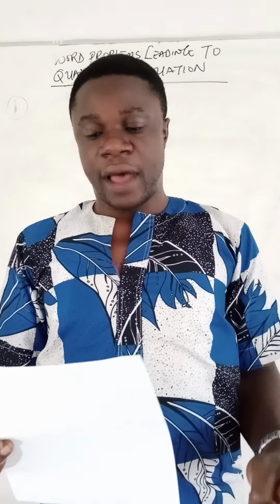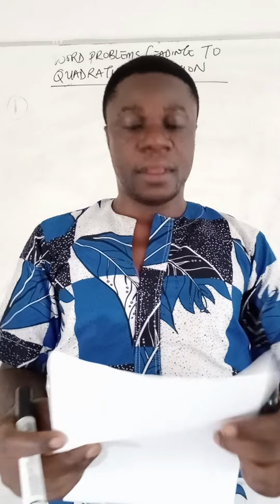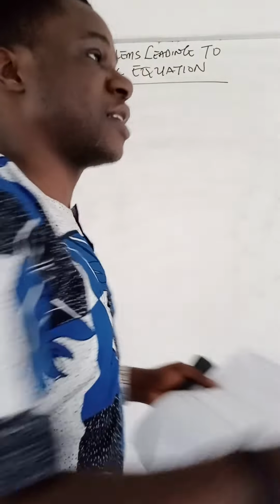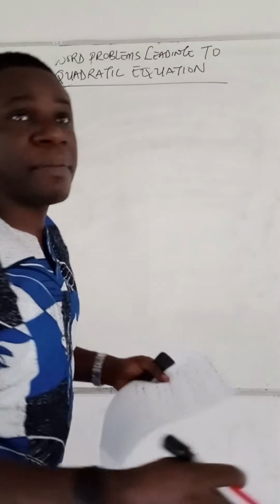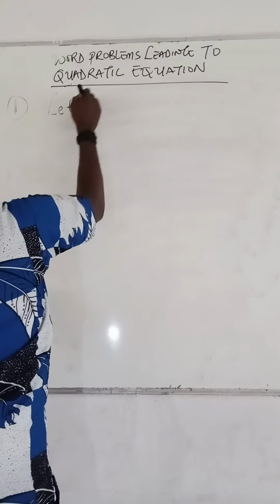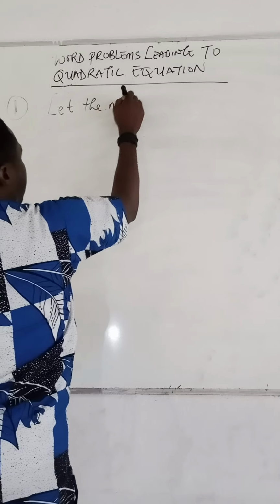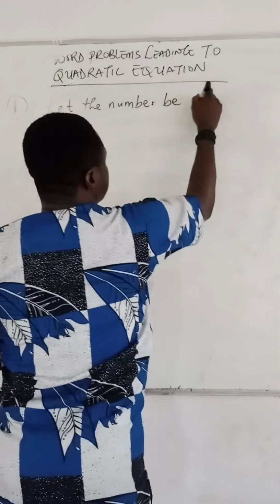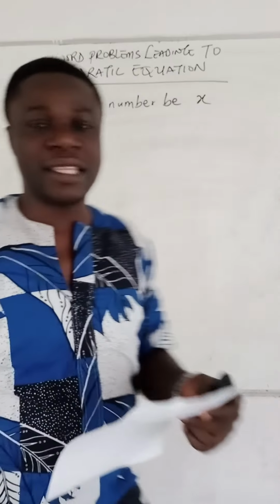The first thing you do is ask yourself, what is that number? Now you can make an assumption. Let the number be x.